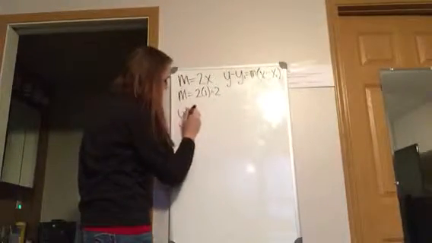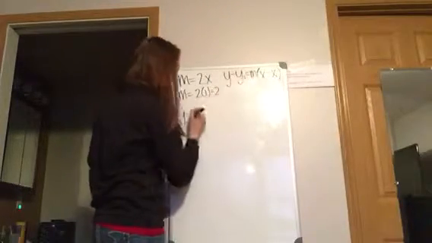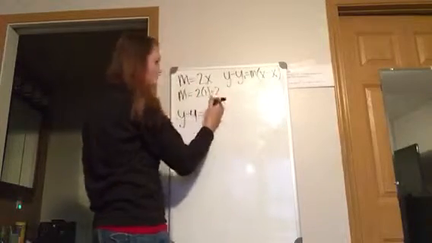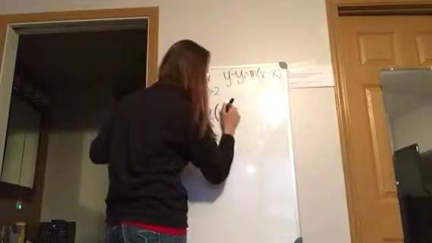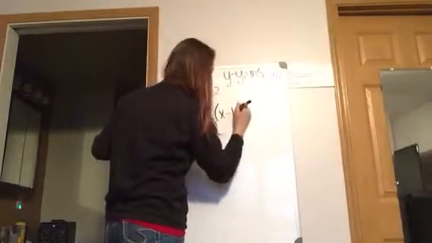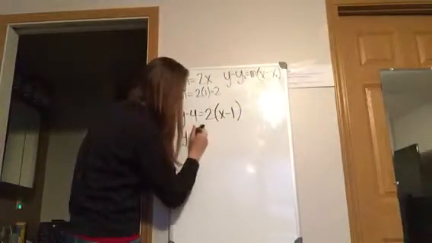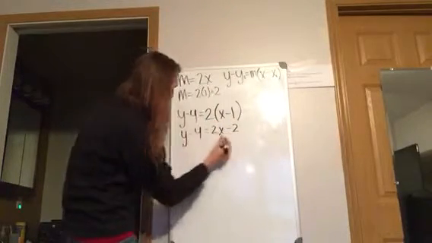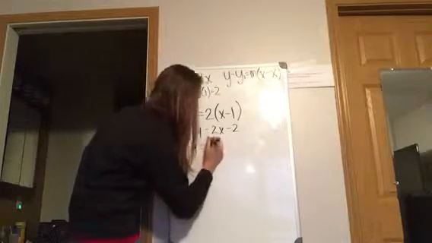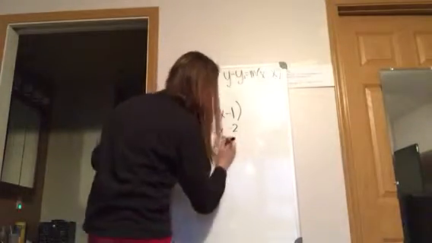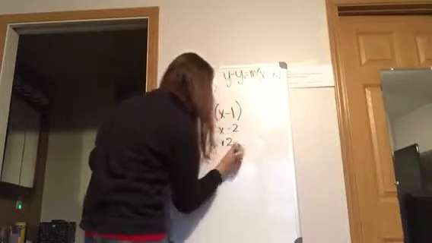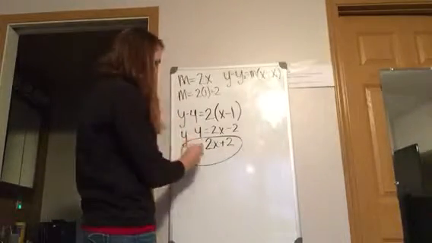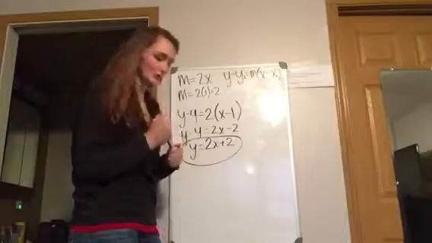So y minus 4 equals 2 times x minus 1, which gives y minus 4 equals 2x minus 2. We add 4 to both sides, so we get y equals 2x plus 2. So our tangent line is y equals 2x plus 2.